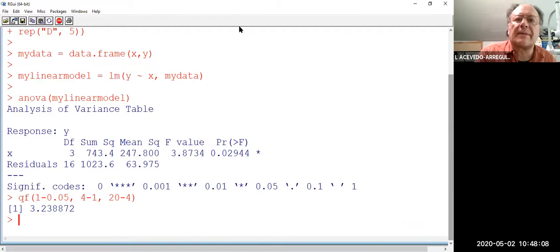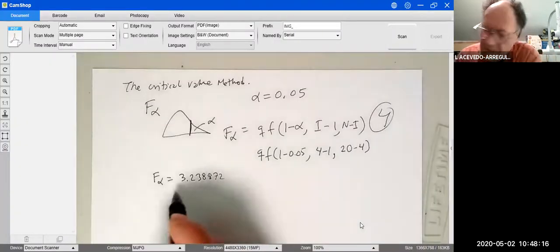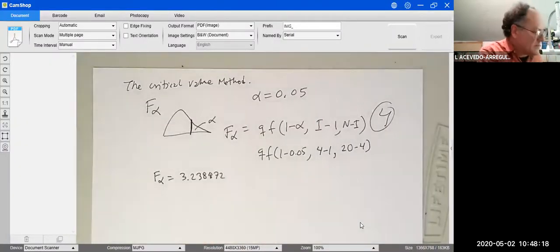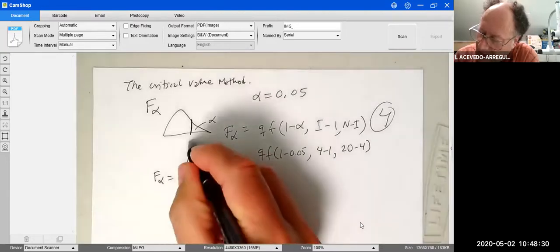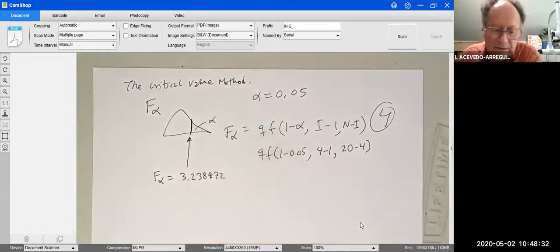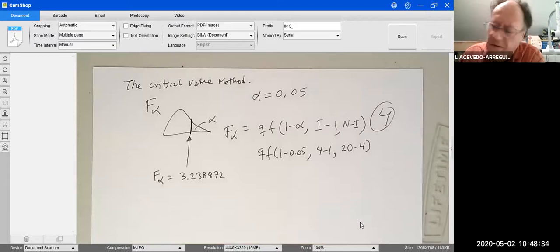So let's write that down into our notes. So we have now F alpha being 3.23. So now we're going to plot this information. So this value goes here. So that's the limit of the threshold.